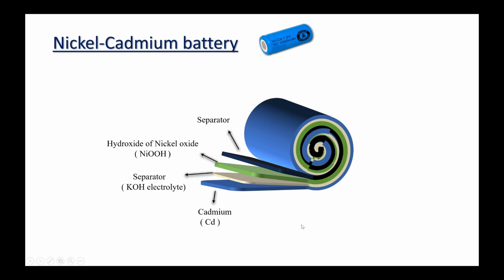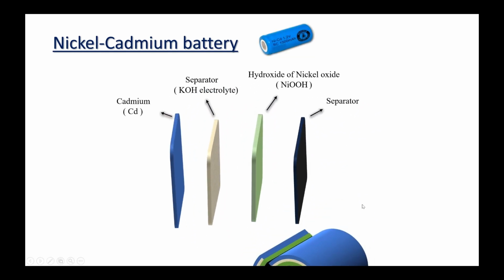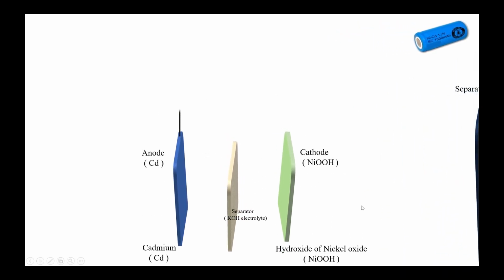Let's look at the working of the nickel cadmium battery during the discharging process. Here we have connected the nickel cadmium battery to the bulb. So this battery starts to discharge.